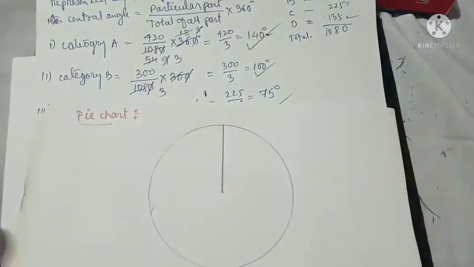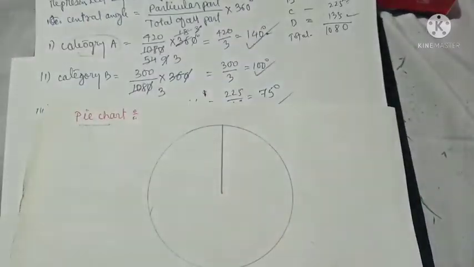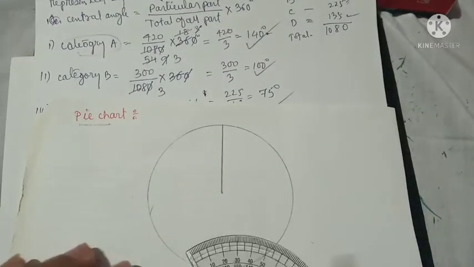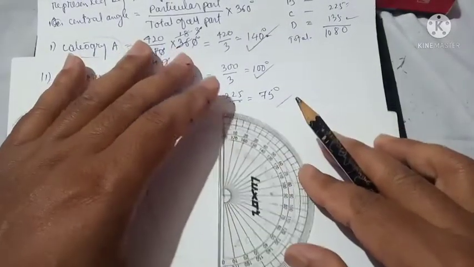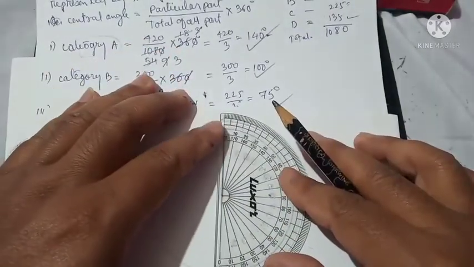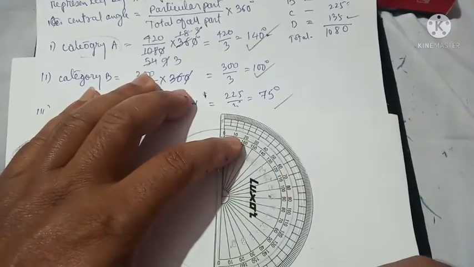This is the radius, and with a protractor we have to draw the central angle of category A, that is 140 degrees. Now let's draw 140 degrees using the protractor to make the sector of category A. Here is 140 degrees.